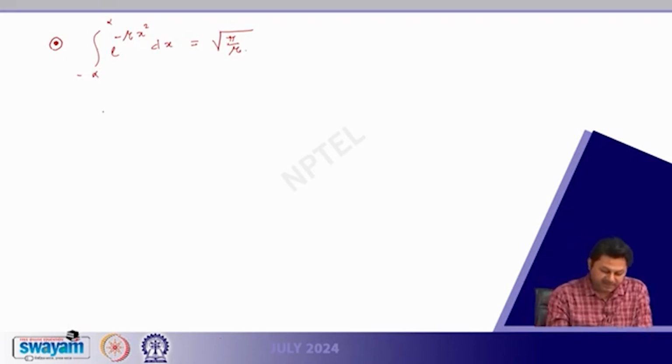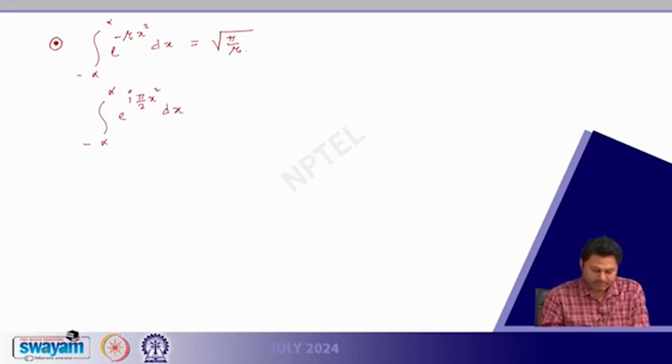Now, if that is the case, we can write the integral from minus infinity to infinity of e to the power of i pi by 2 x square dx.